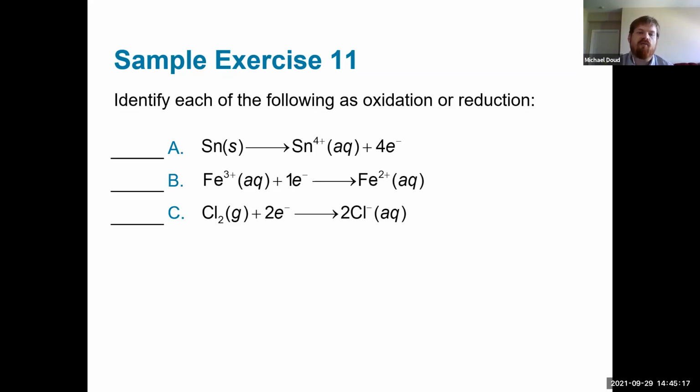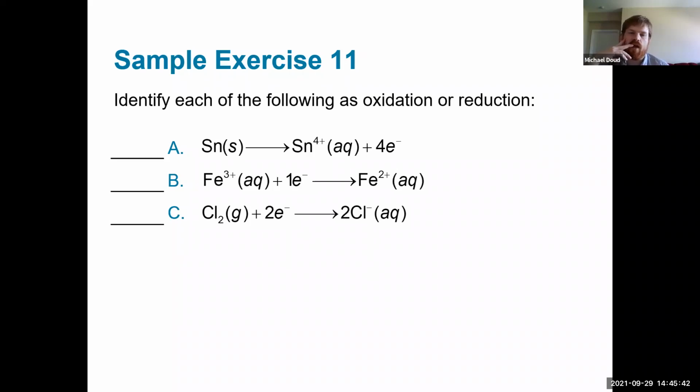And finally, chlorine reacting with 2 electrons to form 2 chloride ions. See if my explanation worked here. If not, we'll walk through each of these. There's a really easy shorthand, but I want to see if you get it first. So pause the video and work out oxidation versus reduction for A through C.